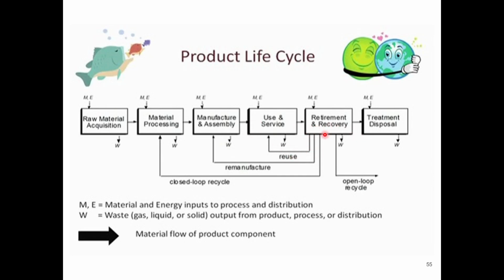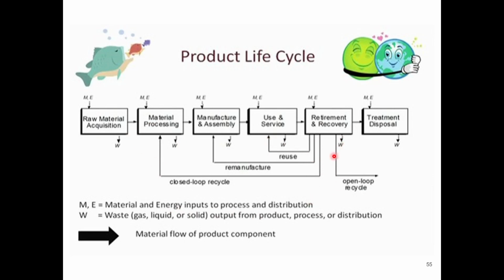If we go from retirement and recovery directly to manufacture and assembly, we are remanufacturing. And if we go from retirement and recovery to the step of material processing, it means closed loop recycling.